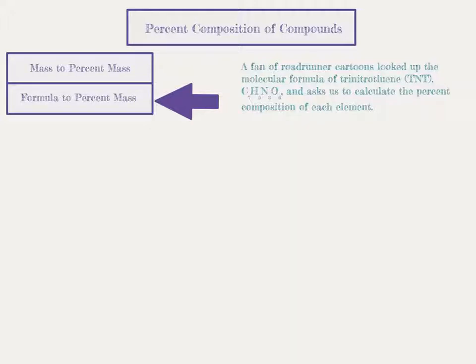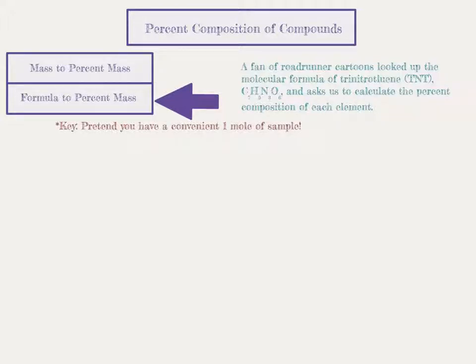Now, this type of question may look like it has 0 numbers to start with, but actually we know the formula, so we can figure out the molar mass of this compound. In this case, we just pretend like we have 1 mole of this compound, and we can figure out the gram amounts of each individual thing.